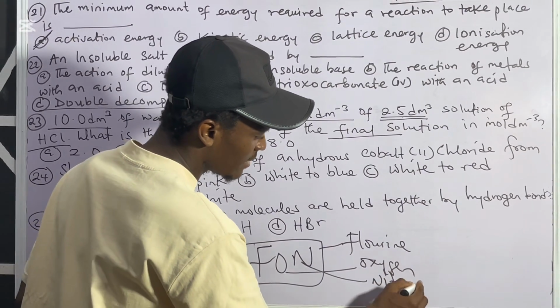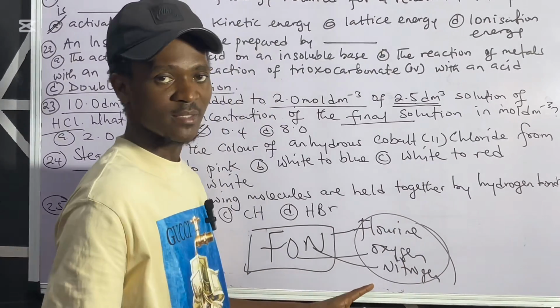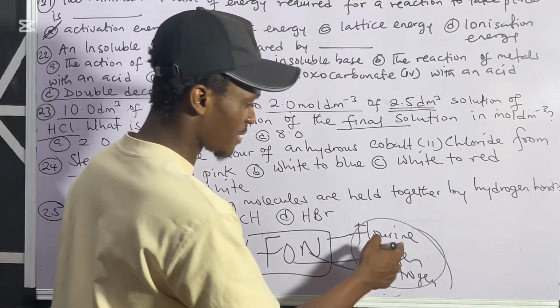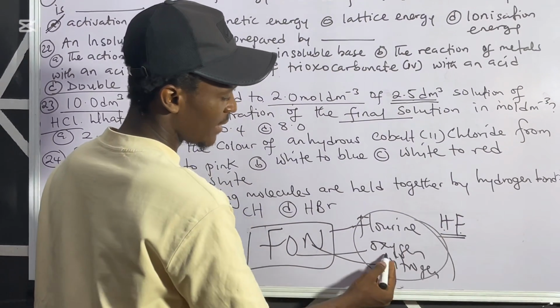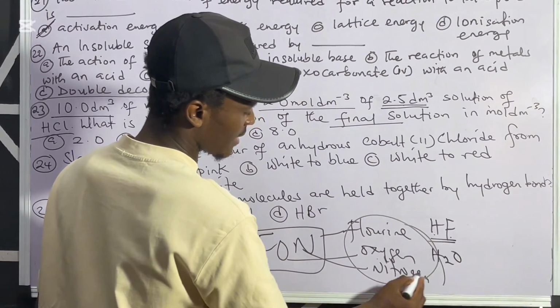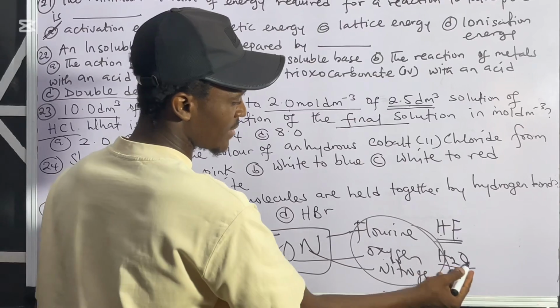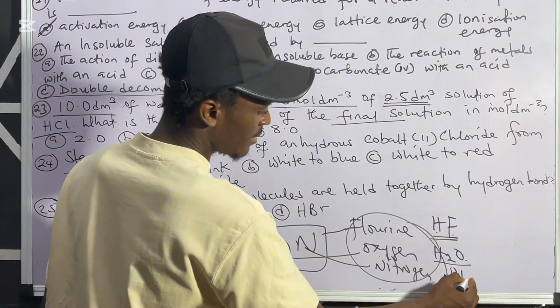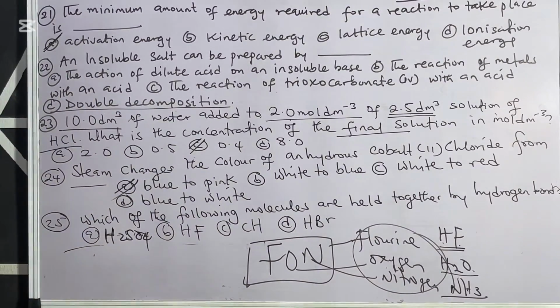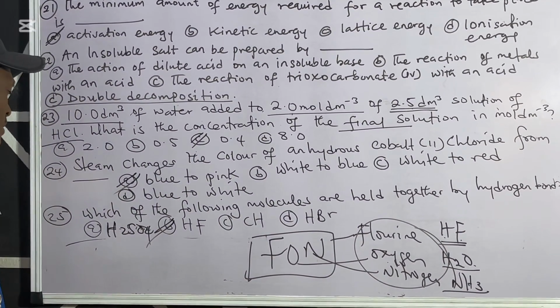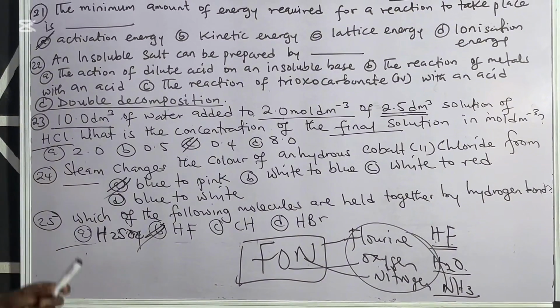So when hydrogen is bonded to any of these elements, then there is hydrogen bond. For example, HF possesses hydrogen bond, hydrogen fluorine. Then H2O possesses hydrogen bond, hydrogen oxygen. Then NH3 also possesses hydrogen bond, nitrogen hydrogen. So the correct option is option B in this case. All right. So let's see the next question.